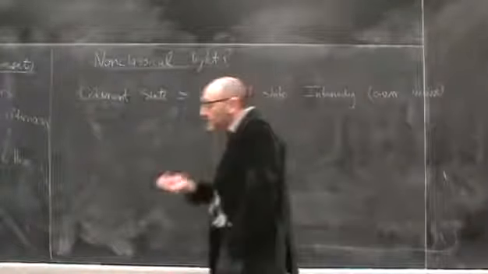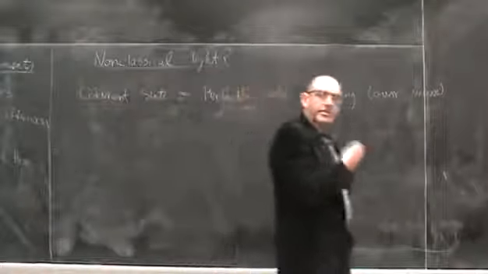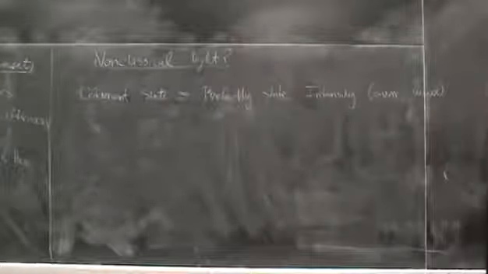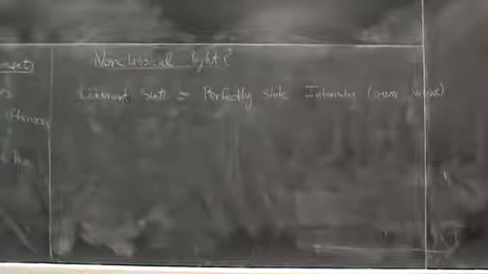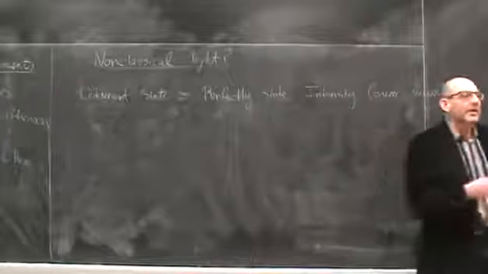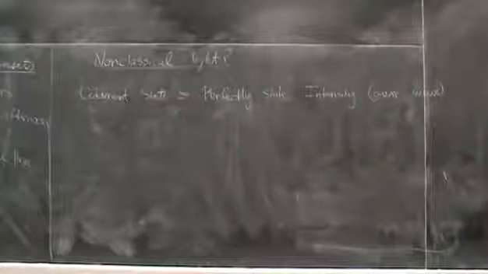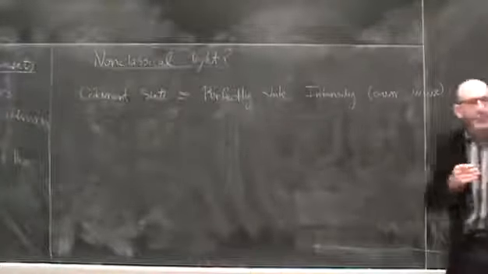So if I asked for the state whose mean value follows the classical trajectory, obeys the classical Maxwell's equations, and whose uncertainty is the minimum quantum value allowed by the uncertainty principle, then that is a coherent state. Okay?